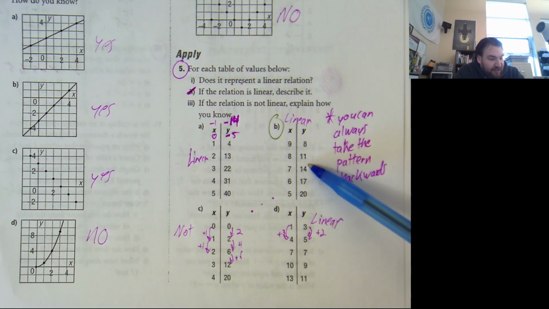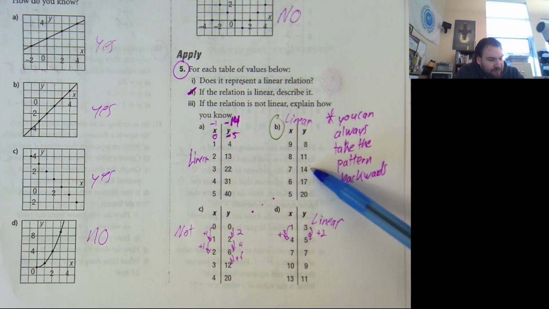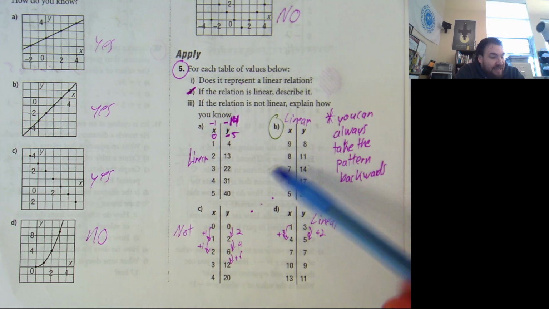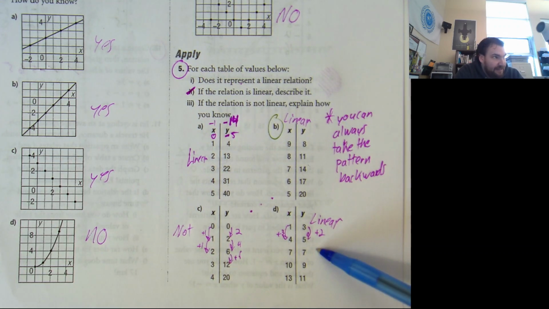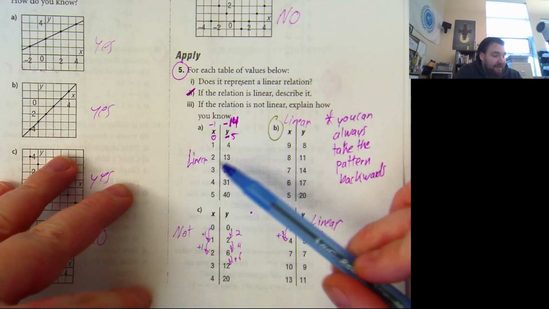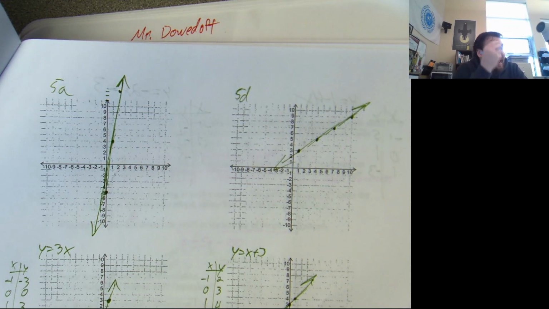This is the one that's not going to fit on the graph. Even if you rejig the table, it still won't fit. This is the one that I intended for you to rejig the table. This is the one that would fit as is. So the graphs for 5A and 5D are going to look like this. If you had said that 5C was linear and then graphed it in 6 like you were supposed to, you should have seen it was not linear.